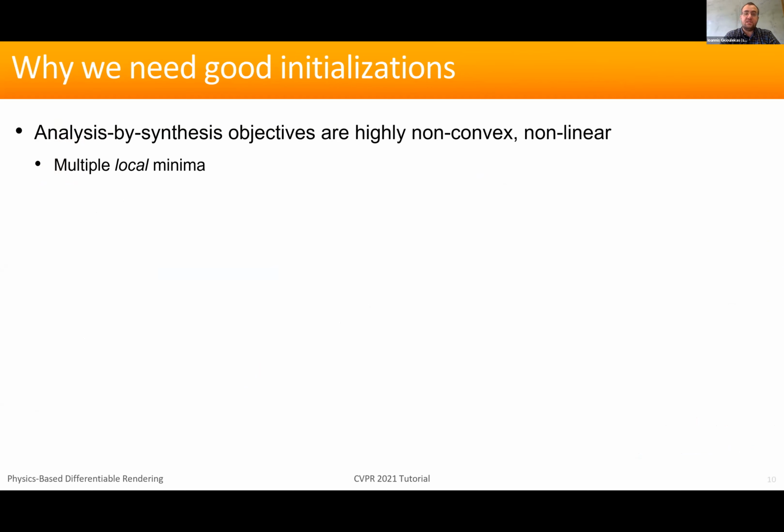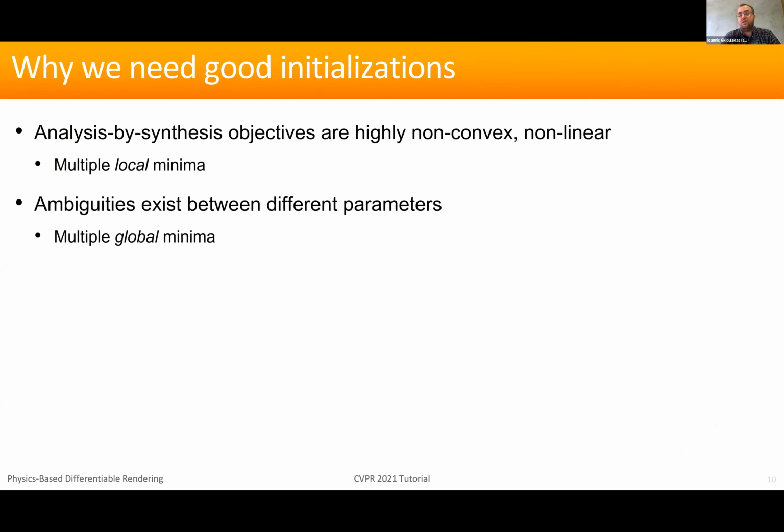The reason is that this analysis by synthesis loss function, because it involves the rendering function, is highly non-convex, highly nonlinear, and therefore it has a lot of local minima. And as gradient-based techniques are not global techniques, it's very easy to get trapped in these local minima. In fact, it's not just that we have multiple local minima.